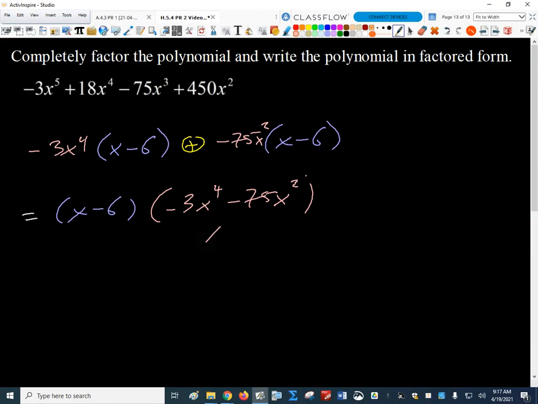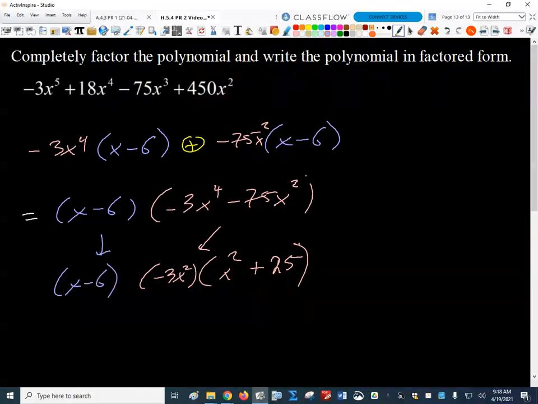So I could split this one up into a -3x squared, and then what's left behind if I divide out a -3x squared? Plus 25. And then we've still got our x minus 6.